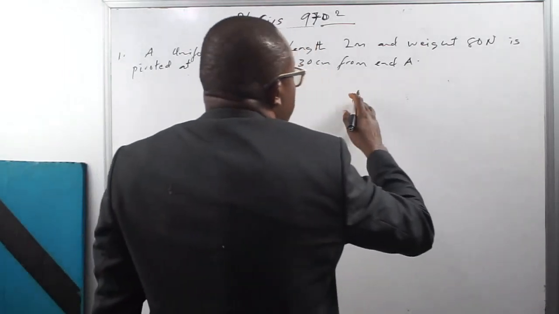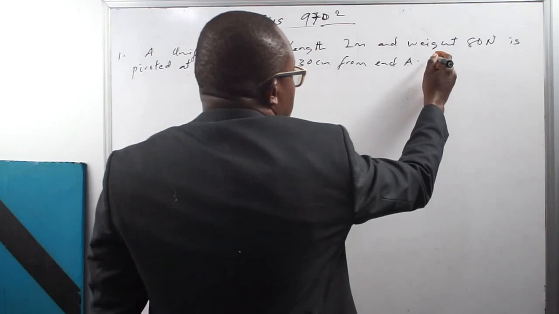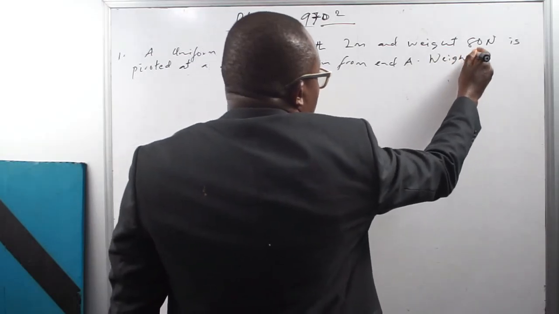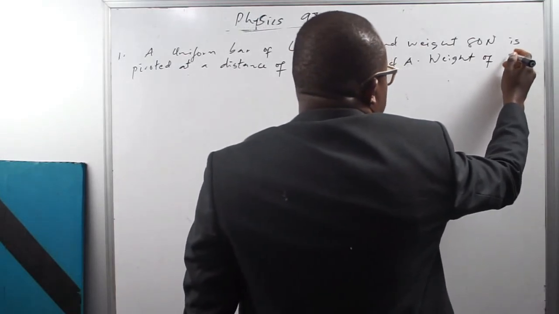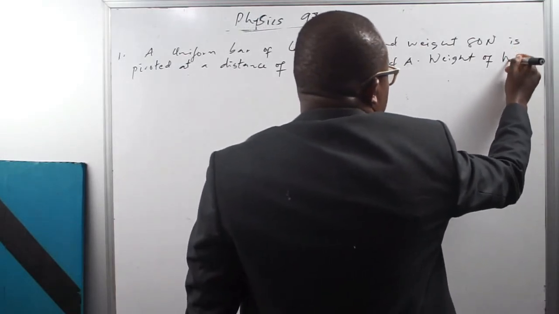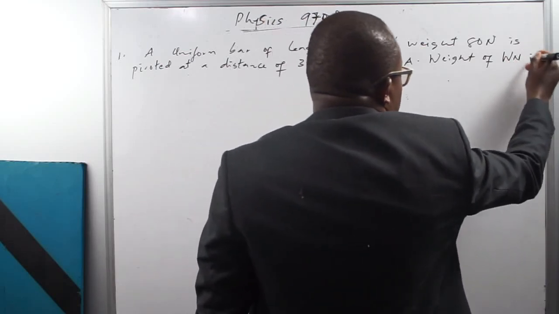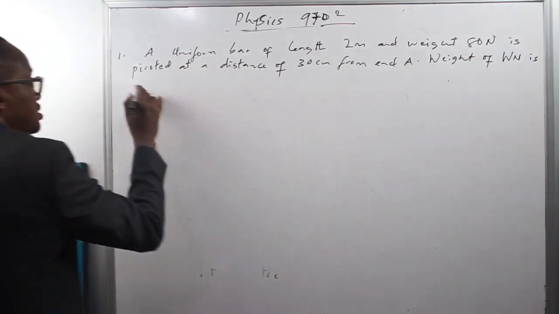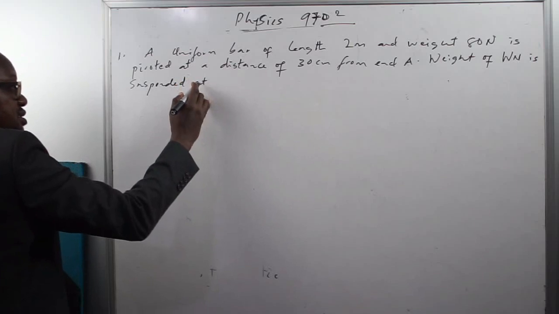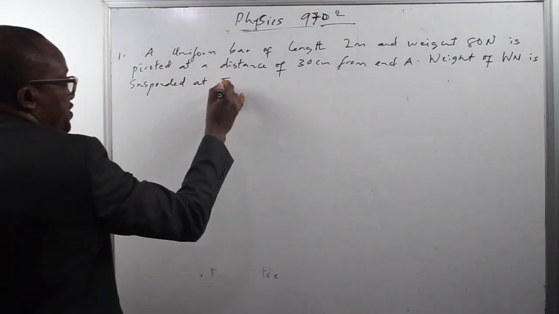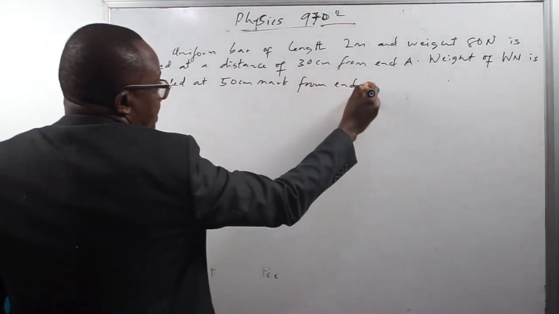A weight of W newtons is suspended at 50 cm mark from NA.